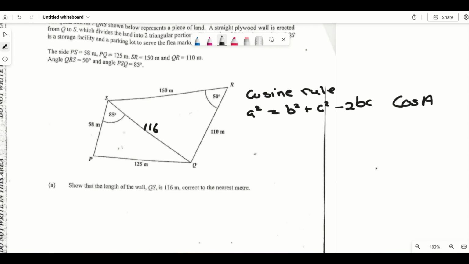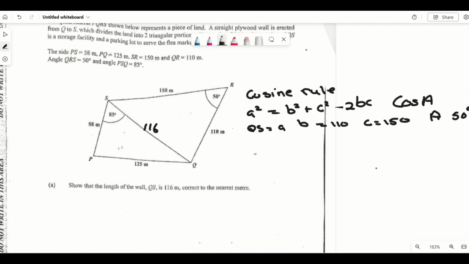So we are trying to find QS. So QS in this case is small a. Let's just put this. B is equal to 110. C is equal to 150. And our angle A is equal to 50 degrees.